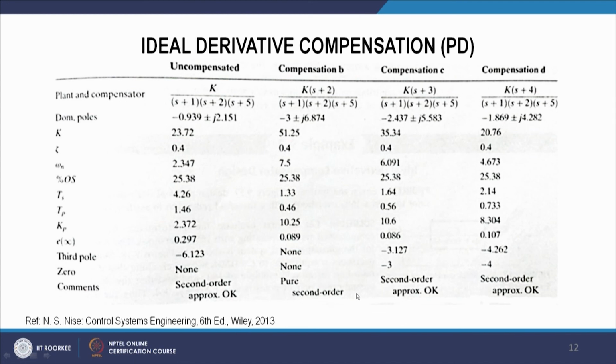But in this case, the pole will be cancelled by the zero, so it is a perfectly second order system. Now here again it is -2.4, and here the zero is at -3, say the third pole is at -3. So in this case I think the approximation is not proper, we can't take it.